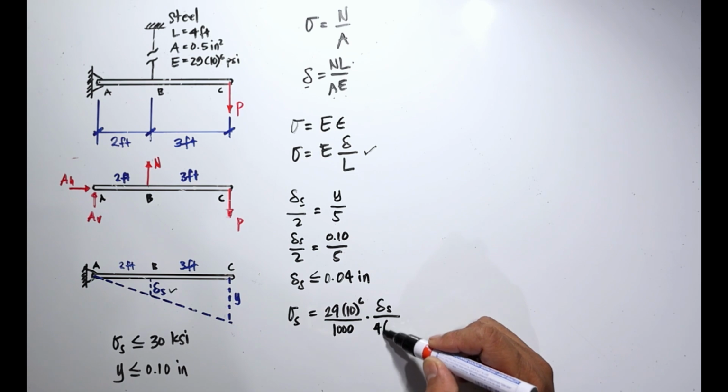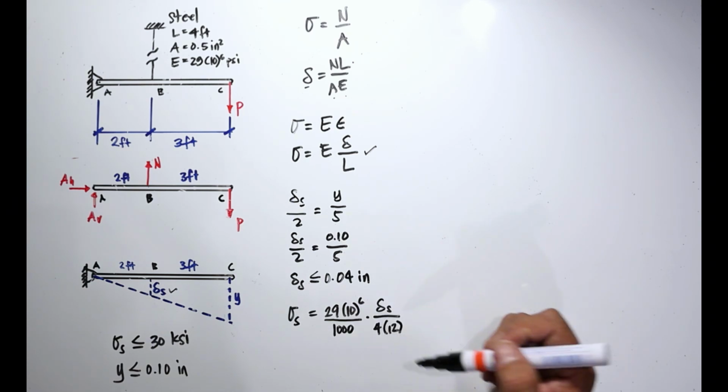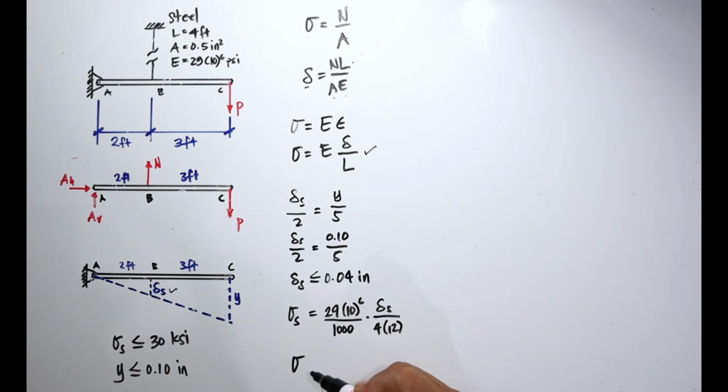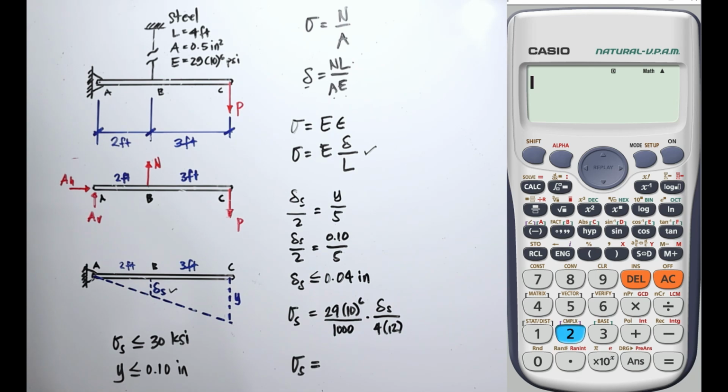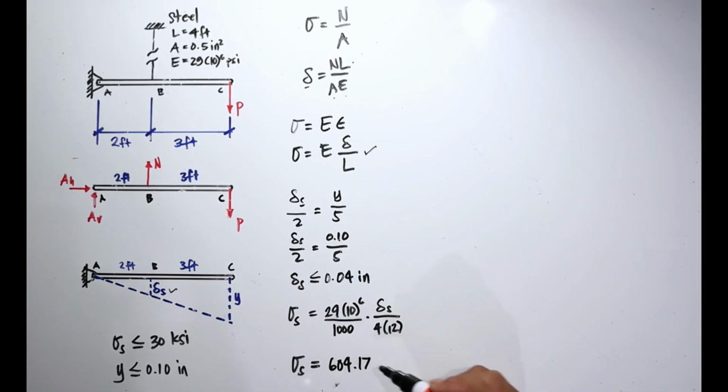Then let's convert this to inches so that our result for delta S will be in inches. So stress sub S equals 29 times 10 to the 6 divided by 1000 divided by 4 divided by 12 equals 604.17 times delta S.